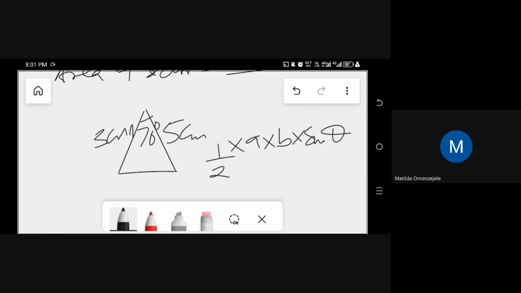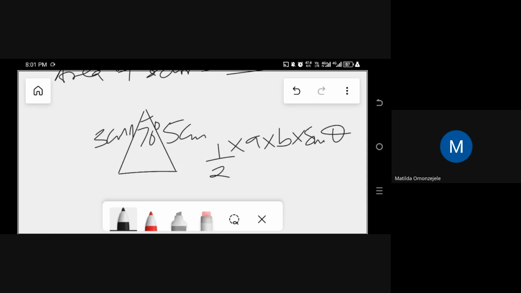So maybe you can look it up at the end of the class. When a triangle subtends an angle at the top, not at the bottom, it has to be at the top, once you have an angle there, then the formula is half A times B times sine theta.